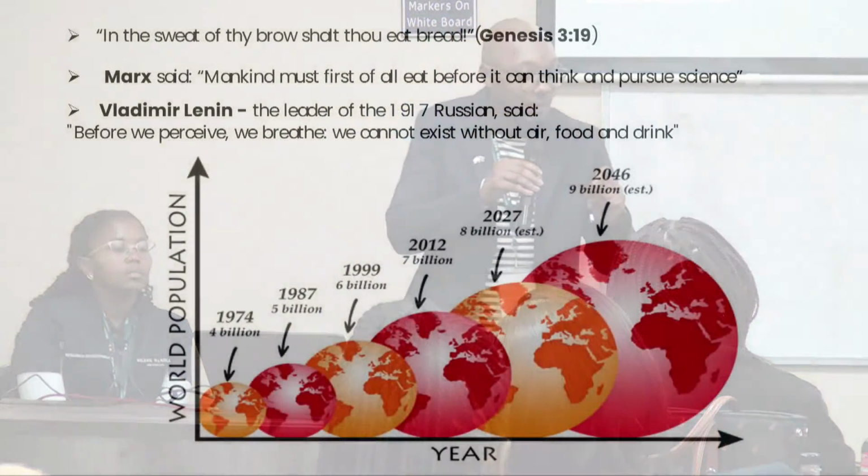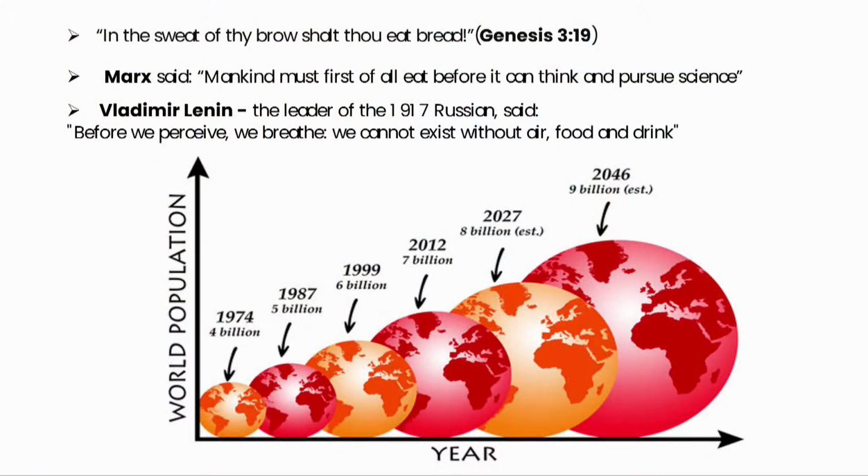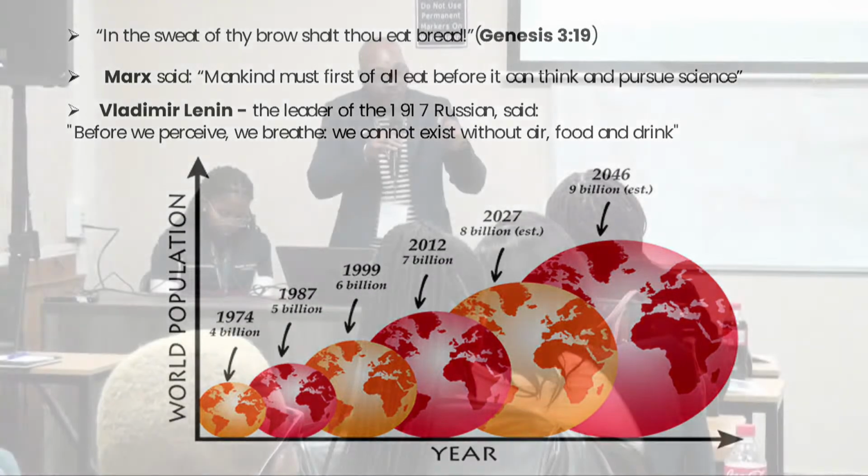So we need to find a way to feed the world. As Marx said, humans need food and water so that they can think and pursue science. And also, the Russian revolutionists highlighted that in order for us to think, to exist, there must be food and water, so that we are able to think.